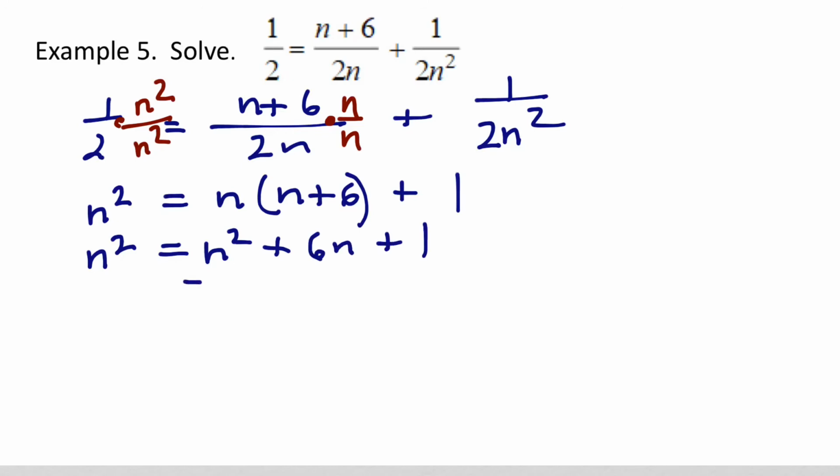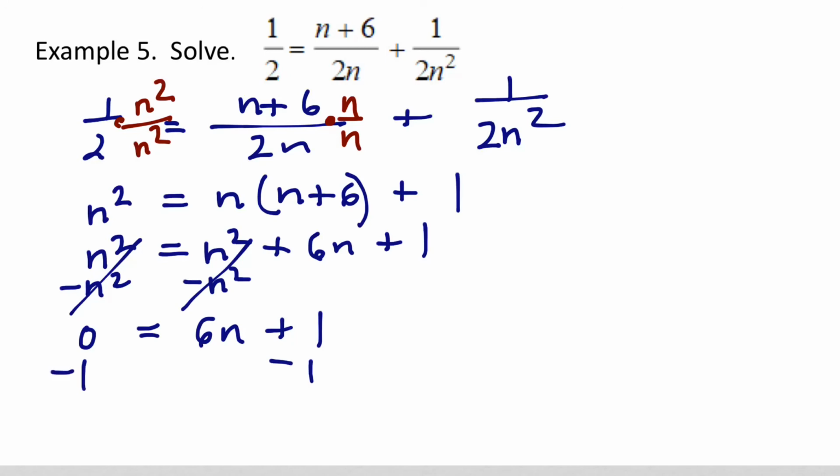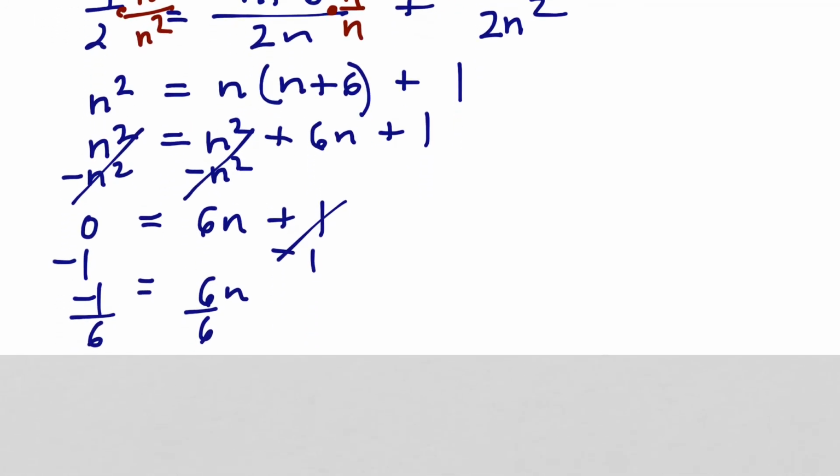So minus n squared. So it's not going to be a quadratic, which sometimes they can be. So I have 6n is equal to negative 1. So I have n we think is negative 1/6.